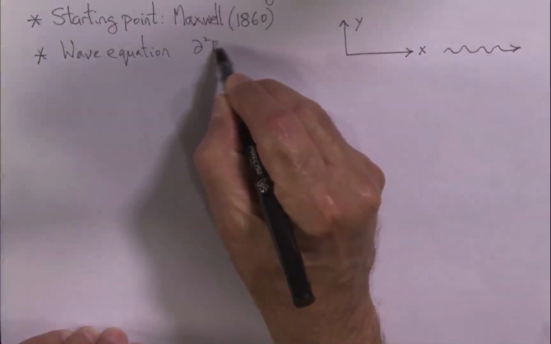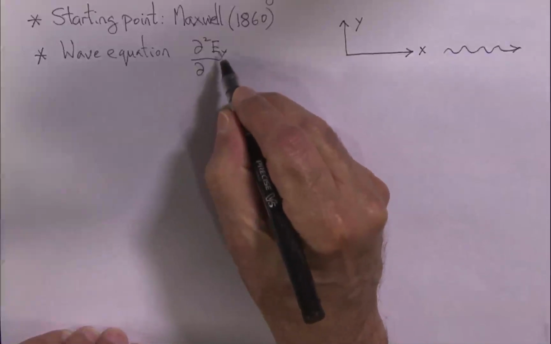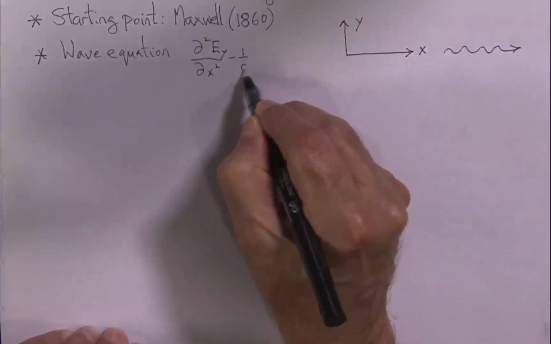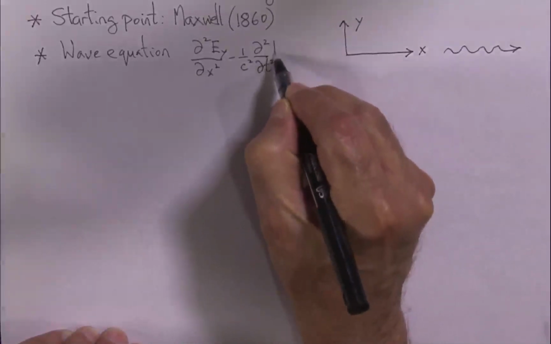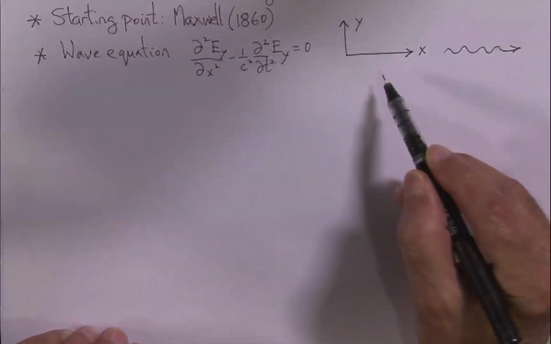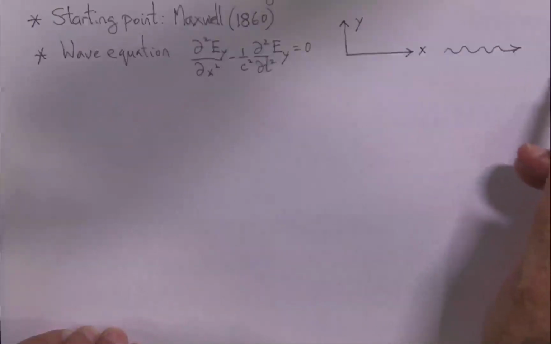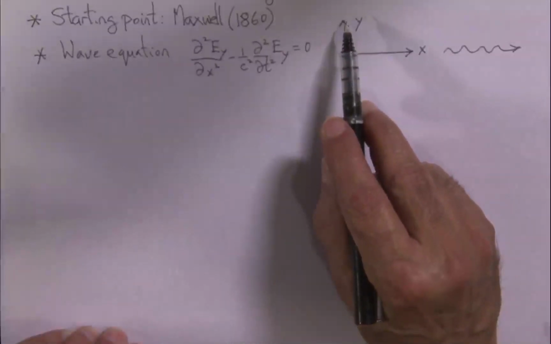And that electric field obeys the wave equation, d2Ey/dx squared minus 1 over c squared d2Ey/dt squared equals 0. So this is for a wave that's been somehow emitted, is traveling along the x direction, and the electric field is perpendicular to that.